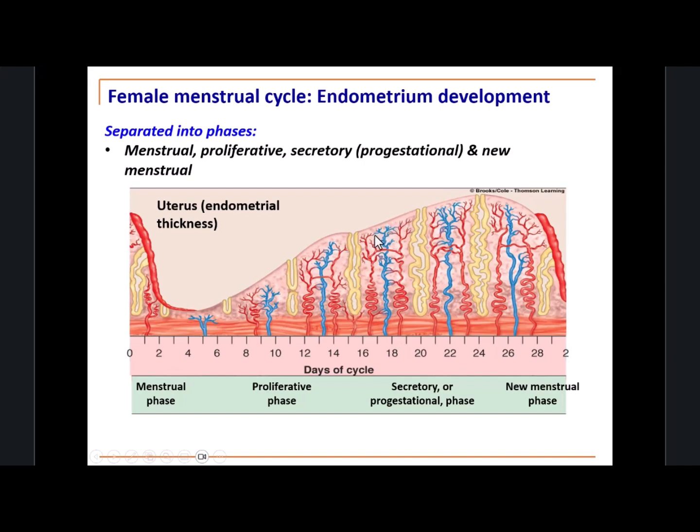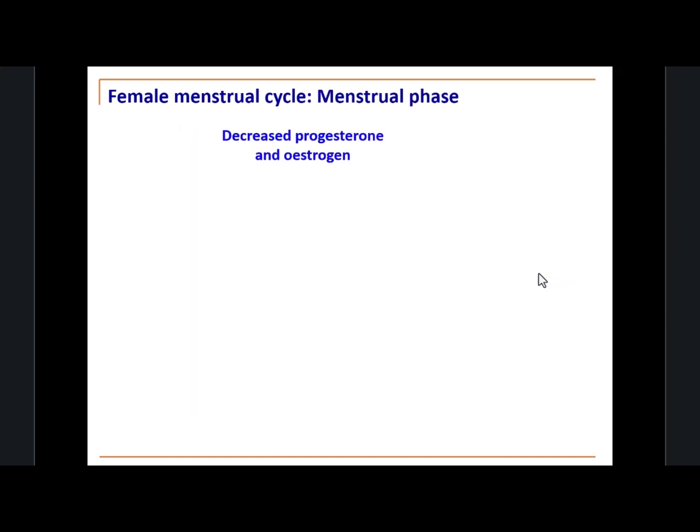So this is where you're under the influence of progesterone. And then you go into the new menstrual phase, which is where you get breakdown of the tissue and the whole cycle begins again. So we're just going to go through each of those in time. So we're thinking initially the menstrual phase.